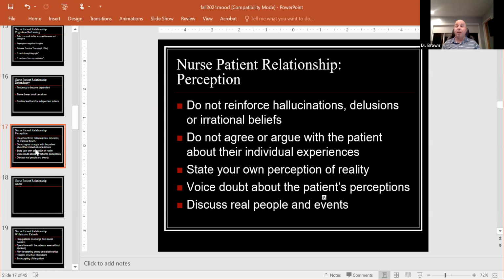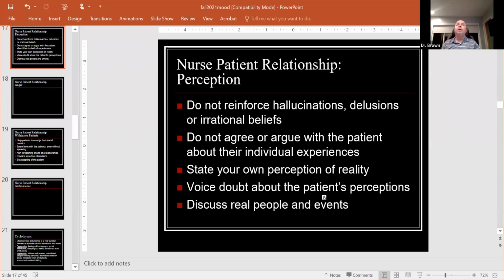That must be very frightening. However, you're here at Exodus and you are safe. If somebody states that they're the Queen of England, you address them by their name. You don't reinforce them by calling them Queen, because the more you reinforce, the more they're going to believe that. You never want to argue with your patients.